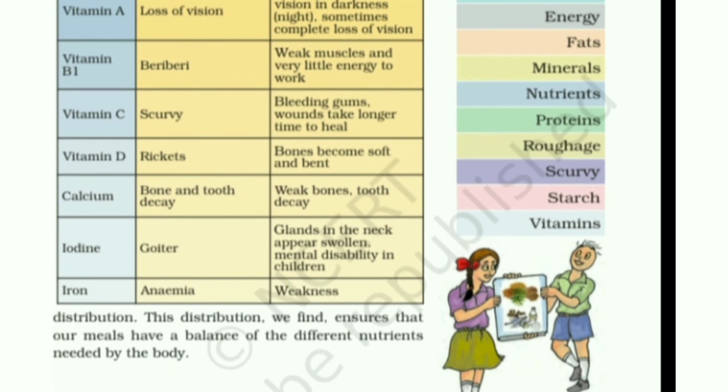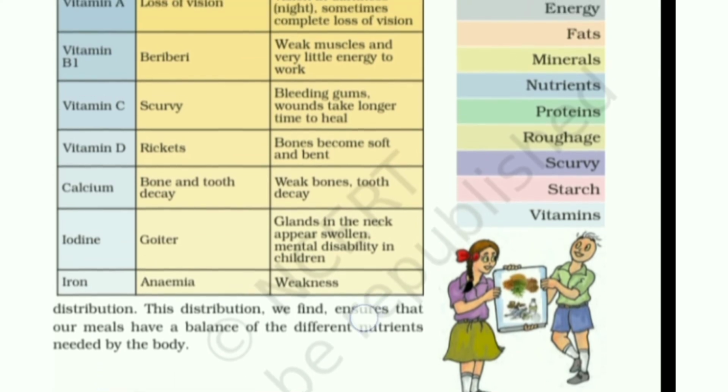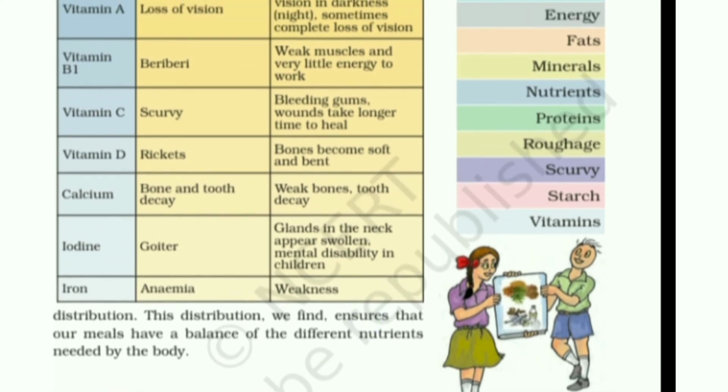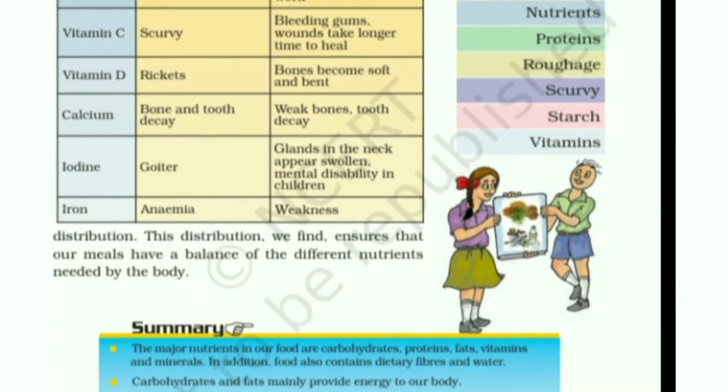Because vitamin D helps use calcium for bone and teeth. So the deficiency may cause weakness of bones and tooth decay, because we know that our teeth and bones need calcium to be strong.